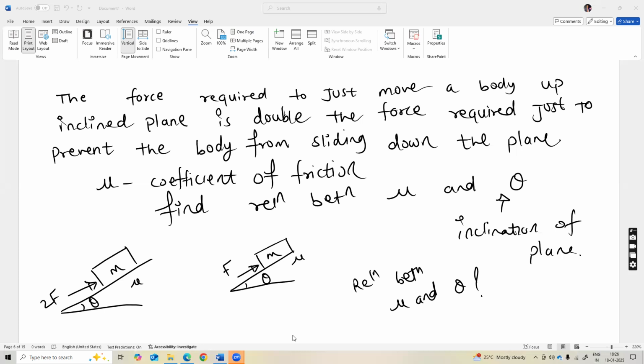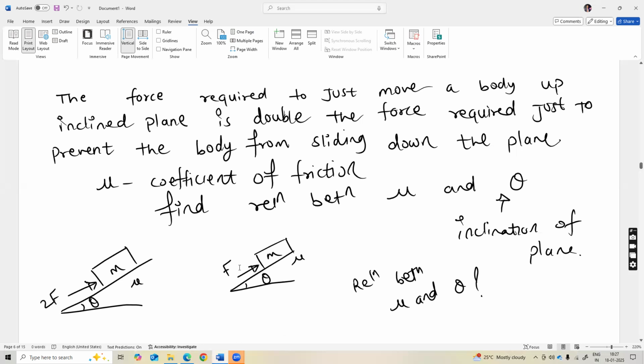Okay, theta is tan inverse of 3 mu. I think both of you got it correct.